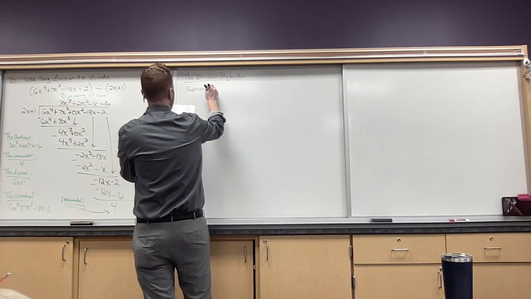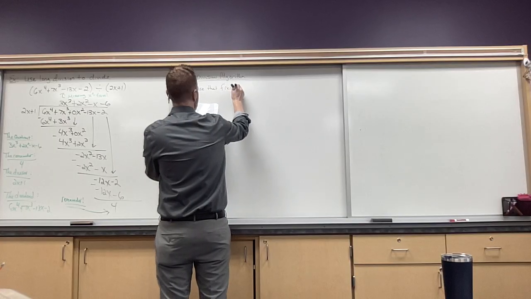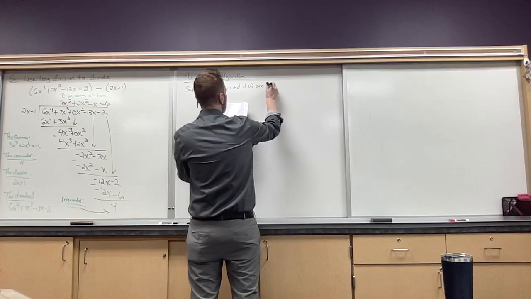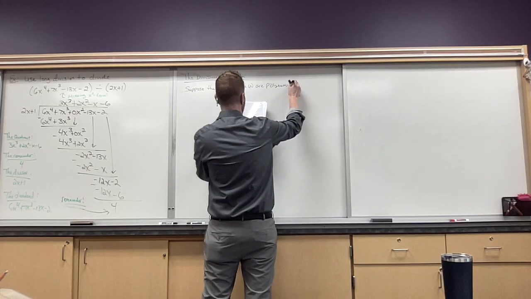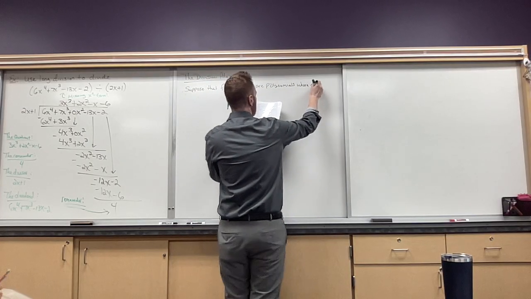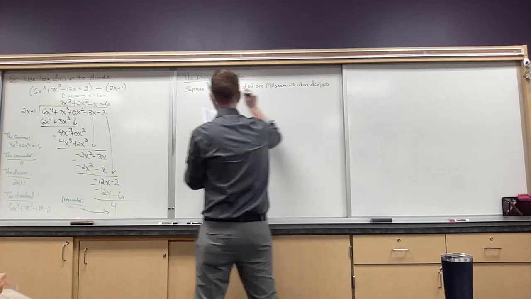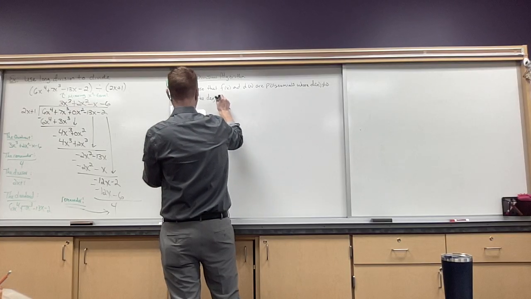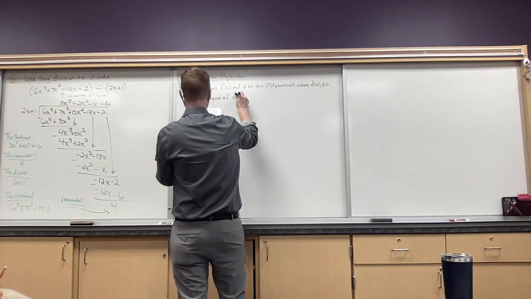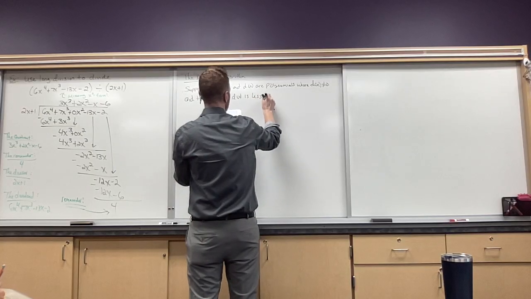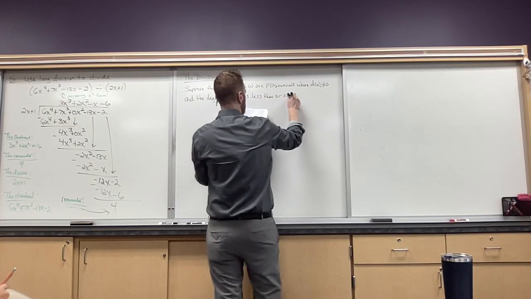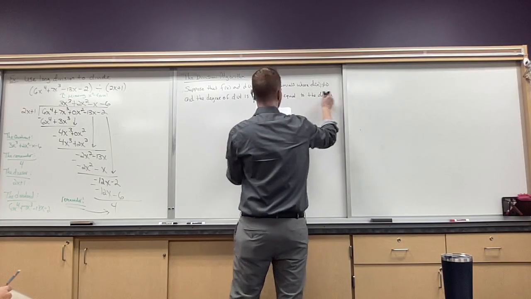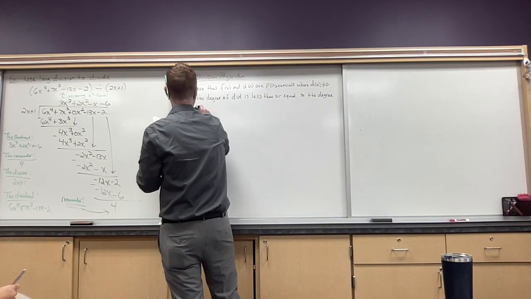Suppose that f of x and d of x are polynomials where d of x doesn't equal 0 and the degree of d of x is less than or equal to the degree of f of x.